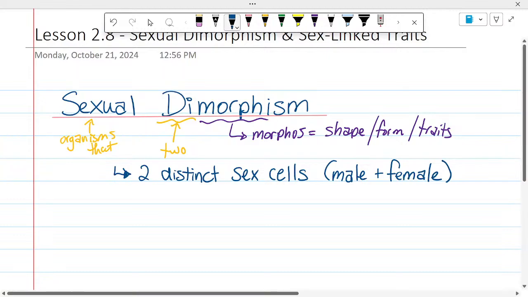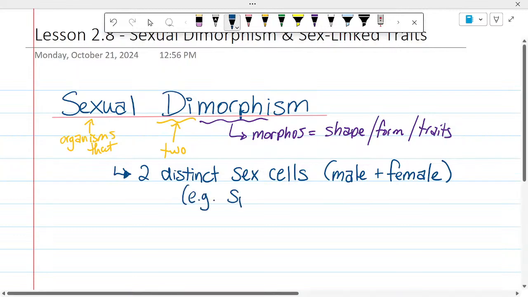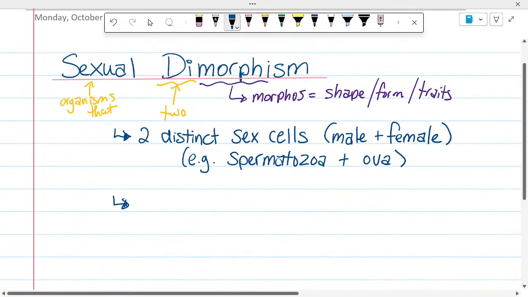There are actually some plants where there's a male and female, but that is atypical. Mostly speaking, all plants have both the male sex parts and the female sex parts. It's typically true of plants. It's typically not true of people, though it's also never true of people, which is important to remember. So in our case, that would be spermatozoa and ova. Sperm and egg, sort of in the more pejorative sense. But it also has two distinct body types.